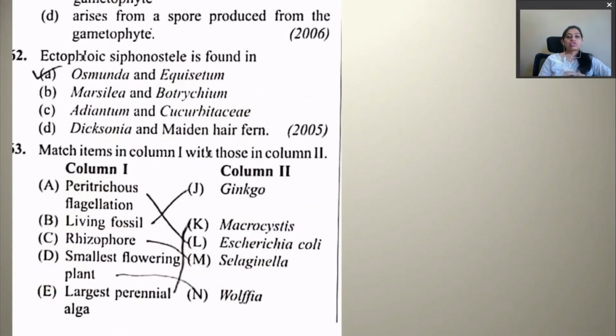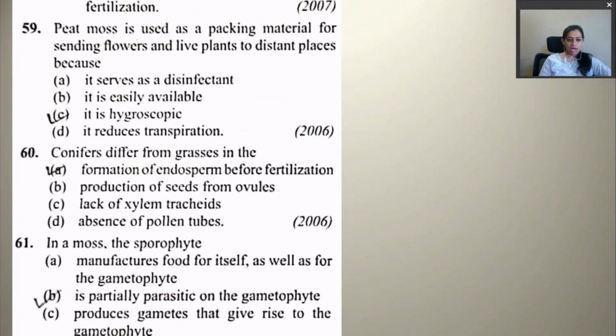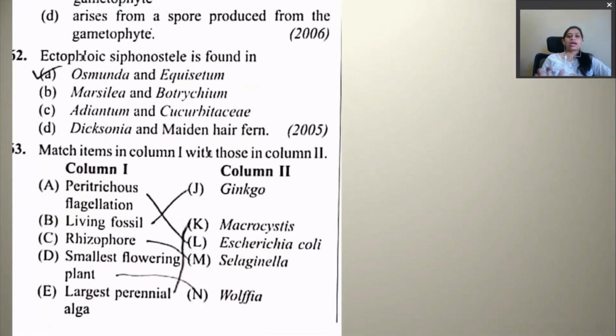Next question 62. Okay, just go to the back. So another option for this 61 question is arises from a spore produced from the gametophyte. So this is also wrong. Now ectophloic siphonostele is found in.